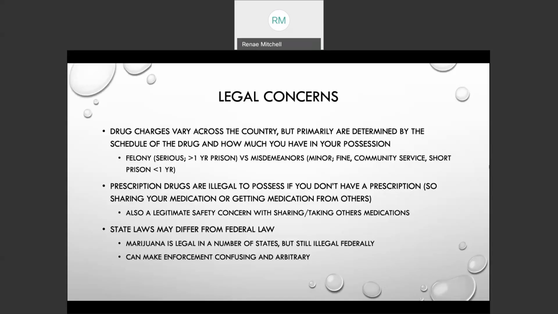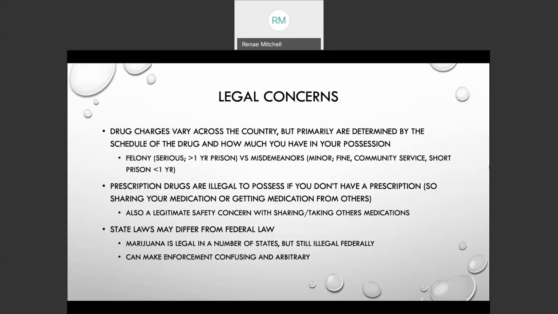So the type of charges can fall into 2 categories: a felony charge or a misdemeanor charge. And a felony is a major, major criminal charge. It's very serious. It carries greater than a year of prison time, and it also results in a greater loss of rights and liberties even after the sentence has been completed.